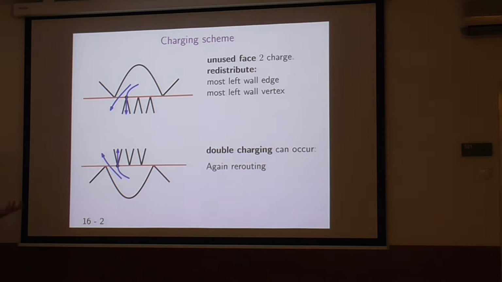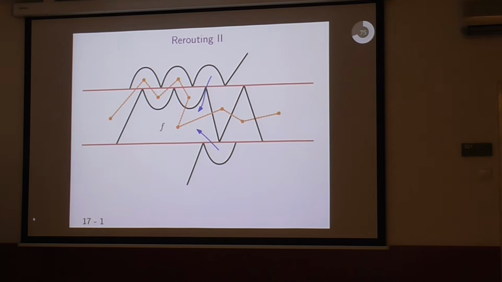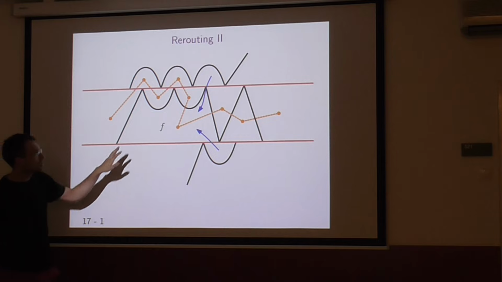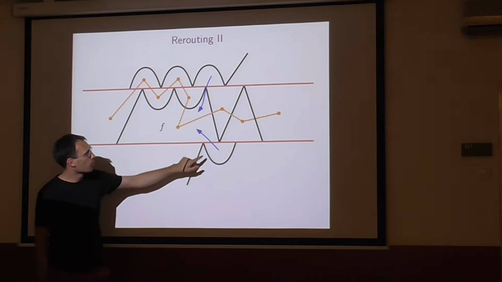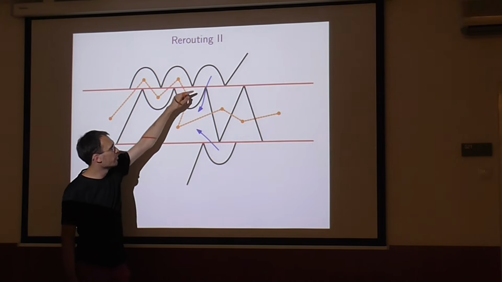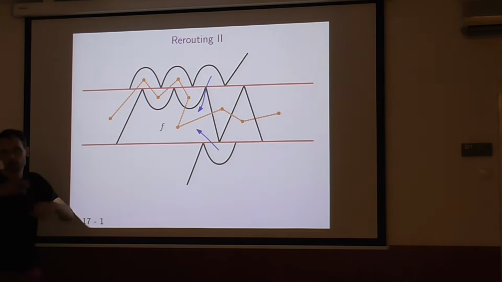Yeah, and well, actually, it can happen here after a careful case analysis that something gets double charged, and then we reroute again. But somehow, a little bit of magic happens, but we can show that the only way that a face gets double charged is if it's a good face, and if one charge comes from the bottom via an edge and one charge comes from the top via a vertex, or vice versa.